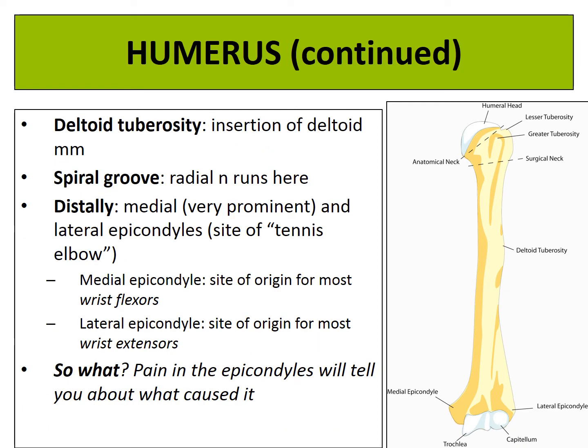This is another slide reminding you of the importance of knowing your bony anatomy as well as your muscle attachments. As we continue to do palpation, and when we can palpate something and find that it causes pain or is tender, it can really help us with the diagnosis of what is going wrong.